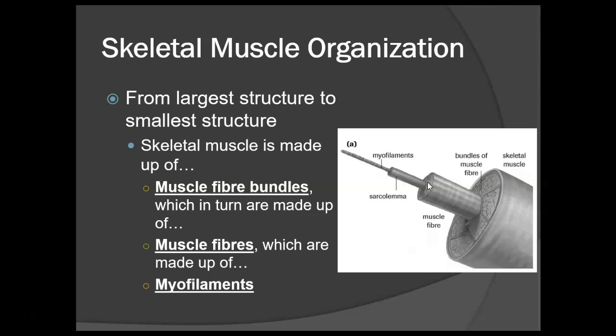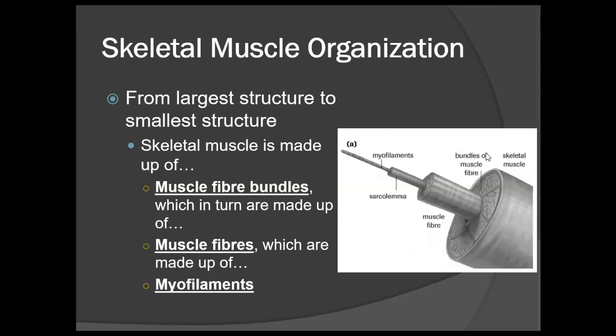And then if we zoom one of them out, one of these things is considered to be a muscle fiber. And then those muscle fibers are made up of myofilaments. And these myofilaments are arrangements of muscle cells lined up end to end. And what happens is those myofilaments can shorten and lengthen as we are contracting and relaxing our muscles.